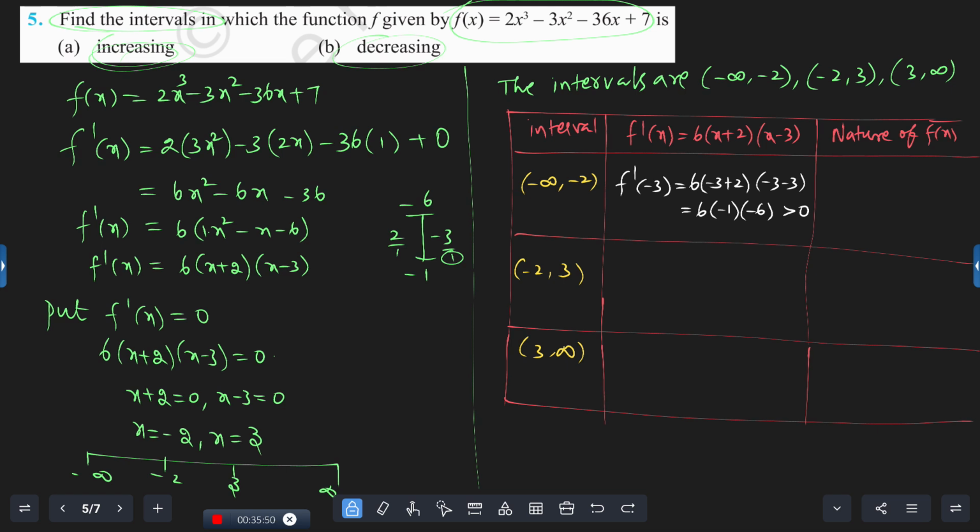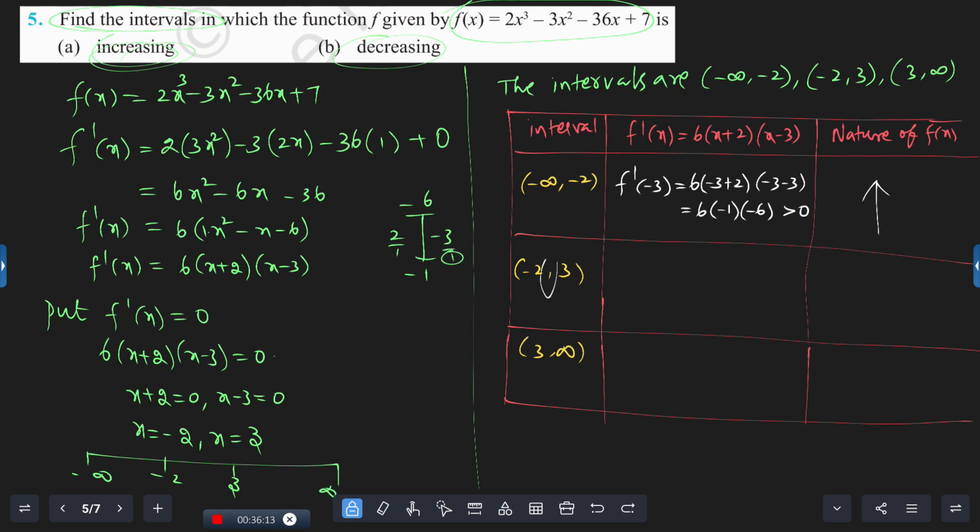Simply see the sign: minus into minus is plus, greater than 0, so increasing. It's not necessary to simplify the box. Only to see the sign we are doing the table, minus or plus. That's it.